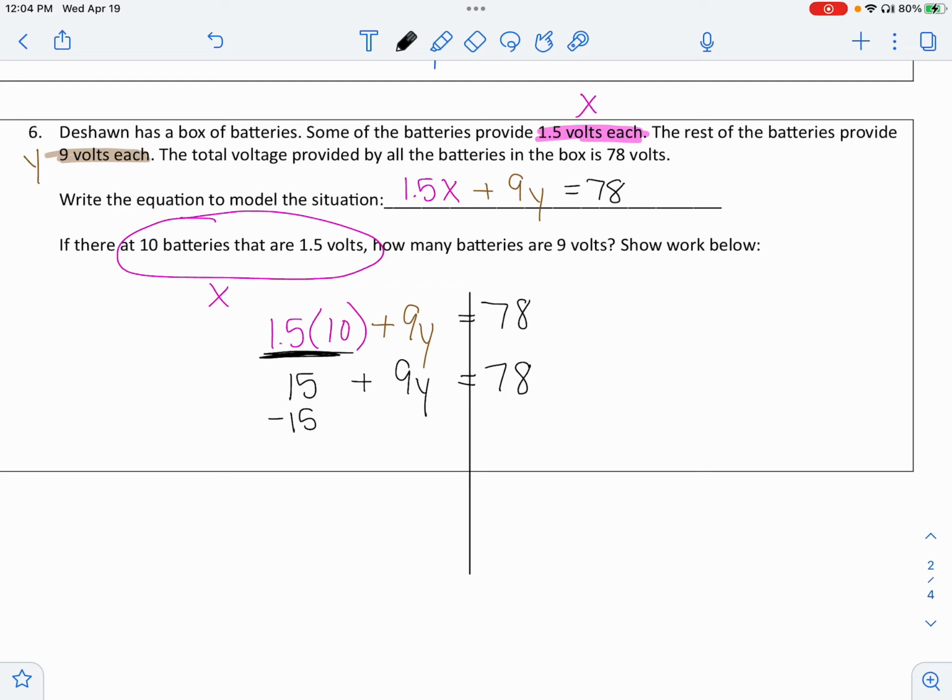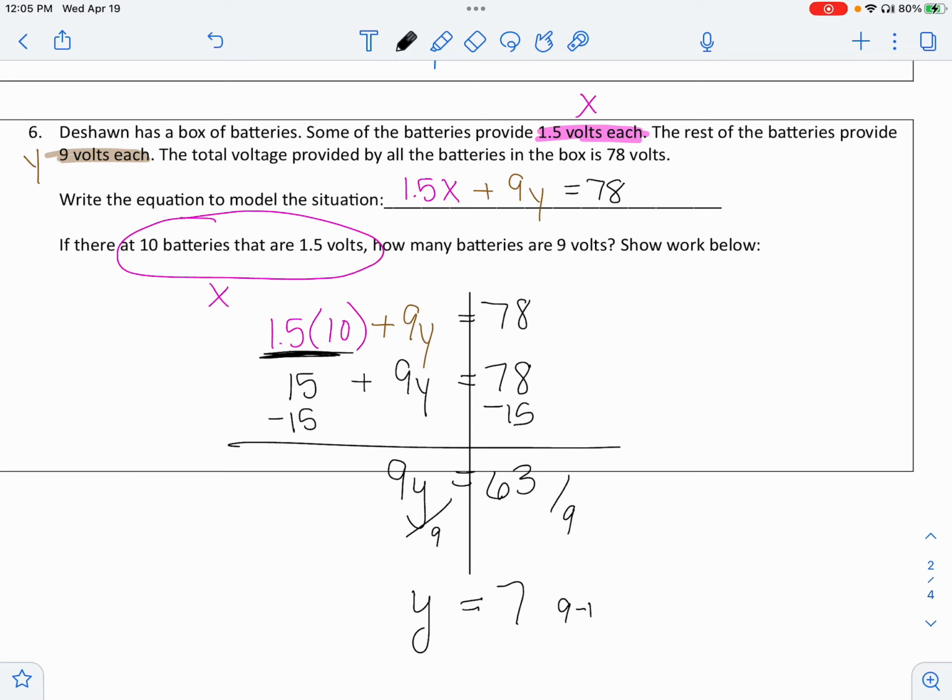Take away 15 to do our solving. 9y equals 63. Divide by 9. Y is 7. So it says how many 9 volts? 7 9-volt batteries. So make sure you either plug in for X or Y depending on what they say.